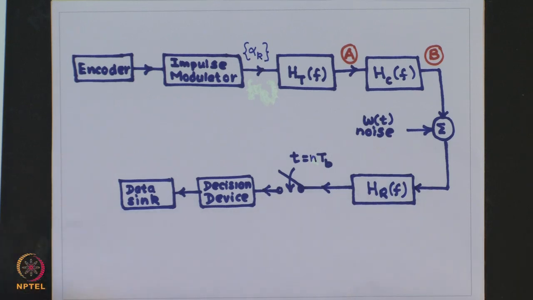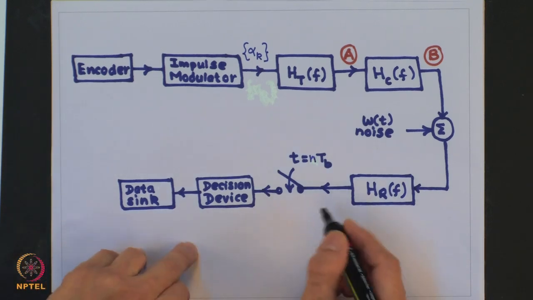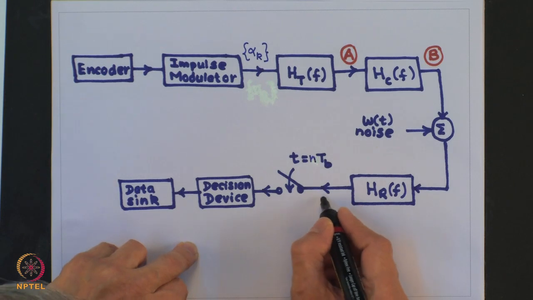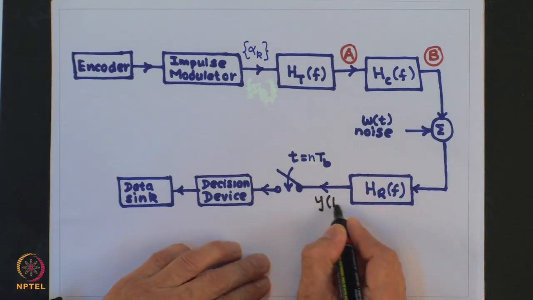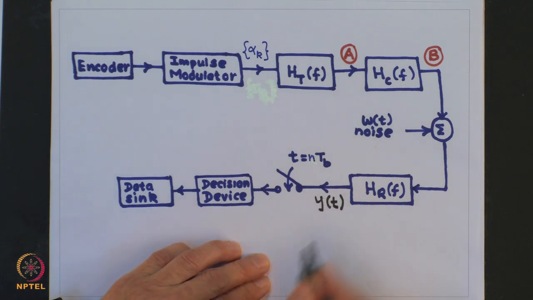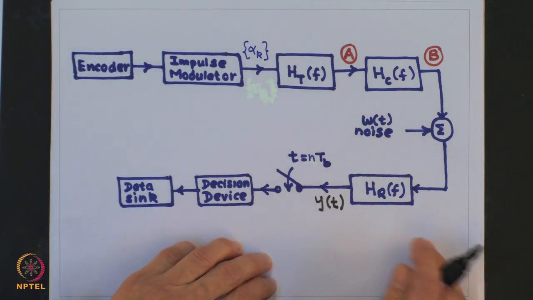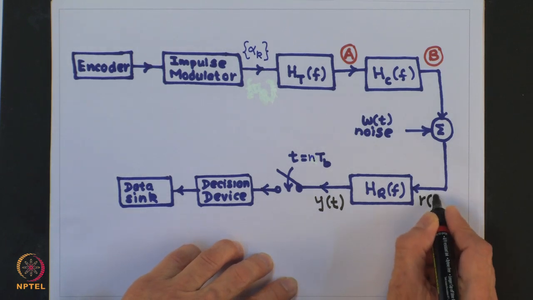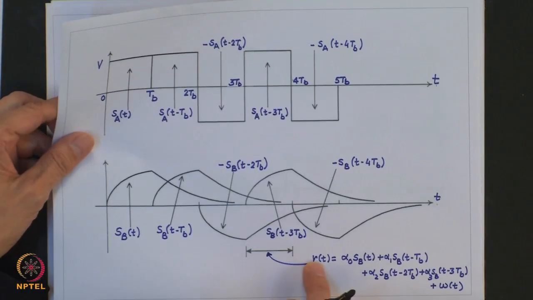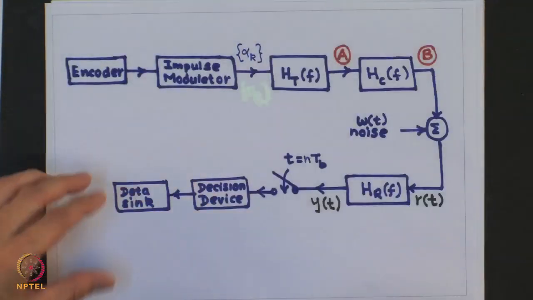So, we will assume that this is your YT output, and this we can call RT. So, this RT is what I have shown here. Okay.